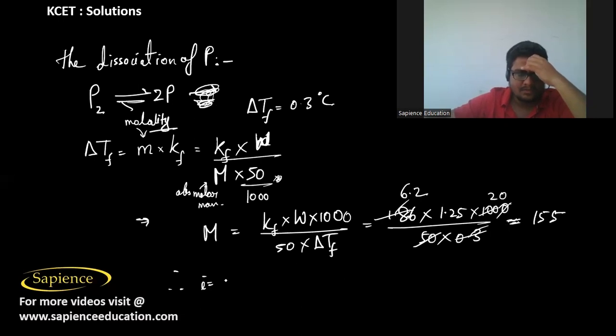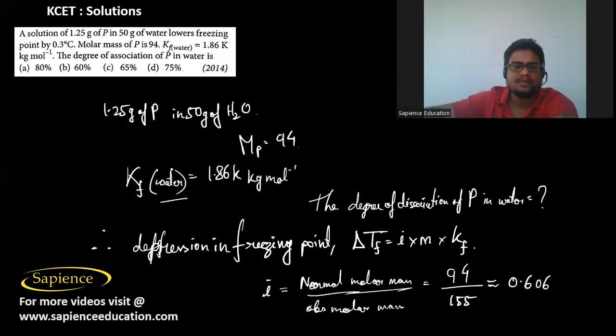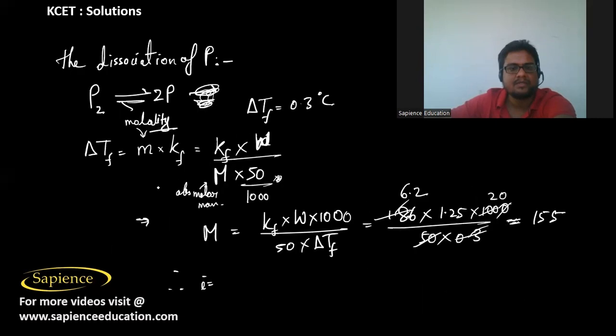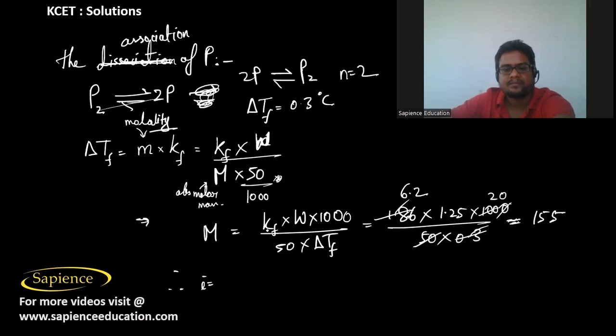So Van 't Hoff factor is 0.606, and then here degree of association we have to find. So it means that 2P will form P2. So here we have to use the association of phosphorus, so n is equal to 2.